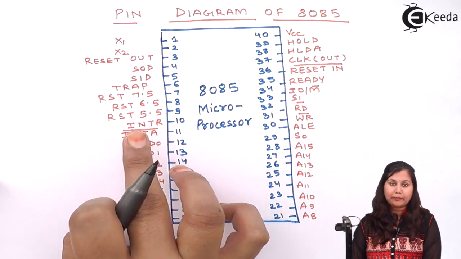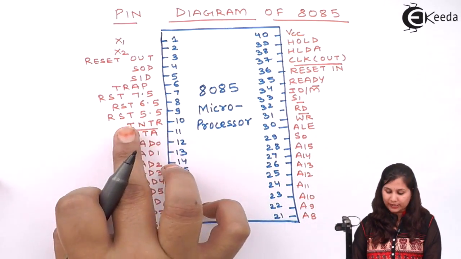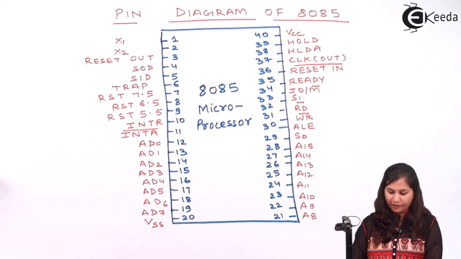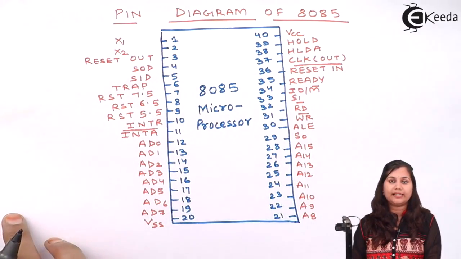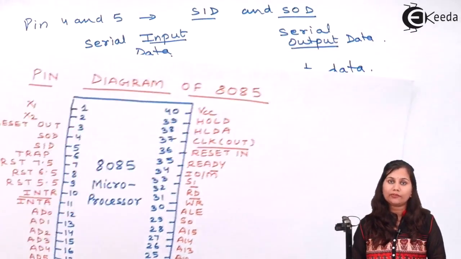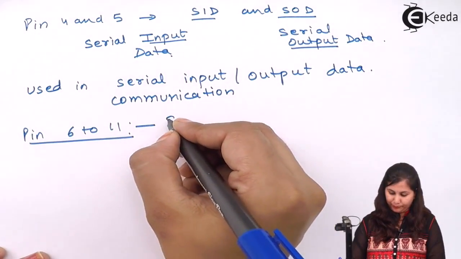This INTA bar is an active low signal. INTR is an active high signal. These signals we are going to study when we study the interrupt process of 8085.